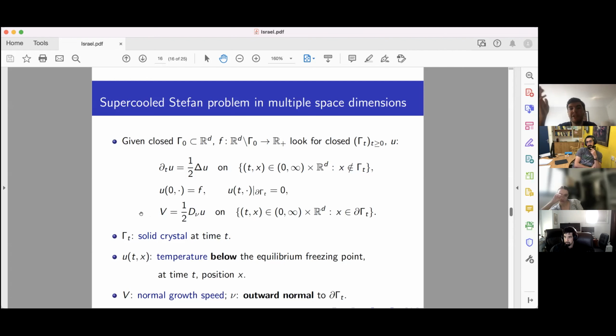One thing that makes it immediately more complicated in dimension 2 and higher is that we don't actually expect the boundary of Γ to be smooth. So already, this description of growth in terms of the normal direction to the boundary becomes a bit dubious. Is the normal at least well-defined most of the time? Actually, we don't really know.